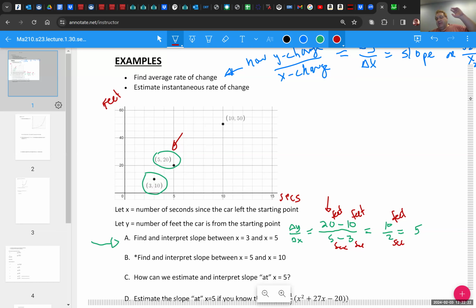So we have 10 over 2, which is equal to 5. And the words don't go anywhere. We have feet over seconds, which in English is read feet per second. If you want, we can write this as 5 over 1 instead of just 5, so it's 5 feet per 1 second. We don't usually write it as 5 over 1, so I'll leave it off for now. But if it helps, write it as 5 over 1 so you can remind yourself that it's 5 feet per 1 second.